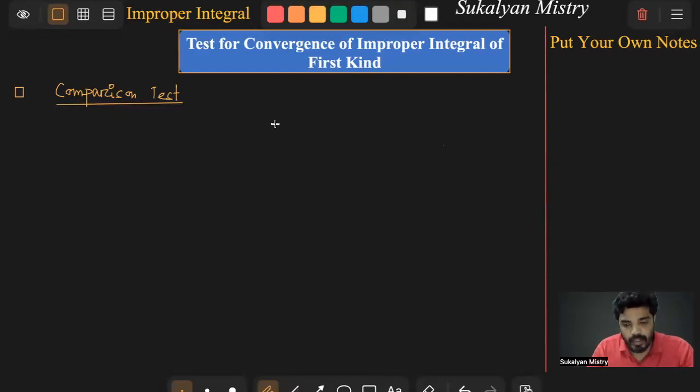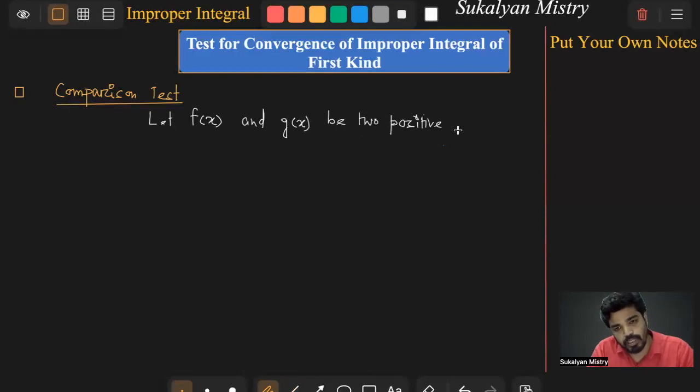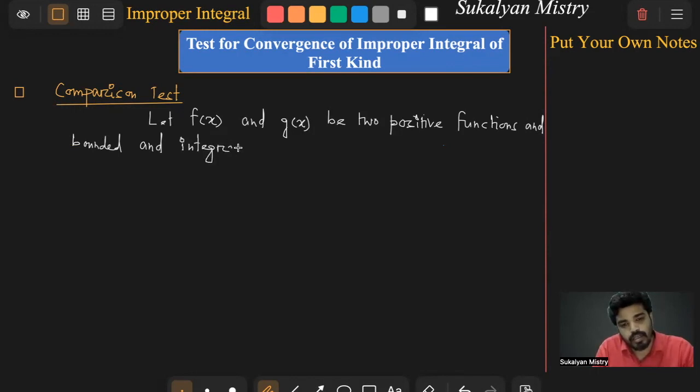So let fx and gx be two positive functions and bounded, and these two functions are integrable in the interval this. Okay.